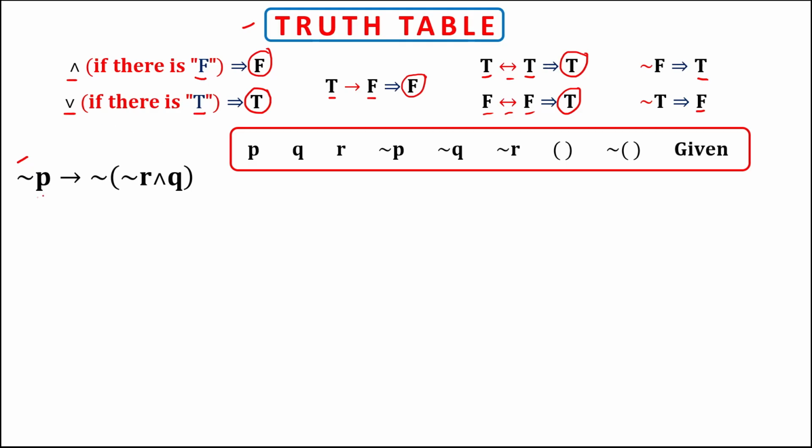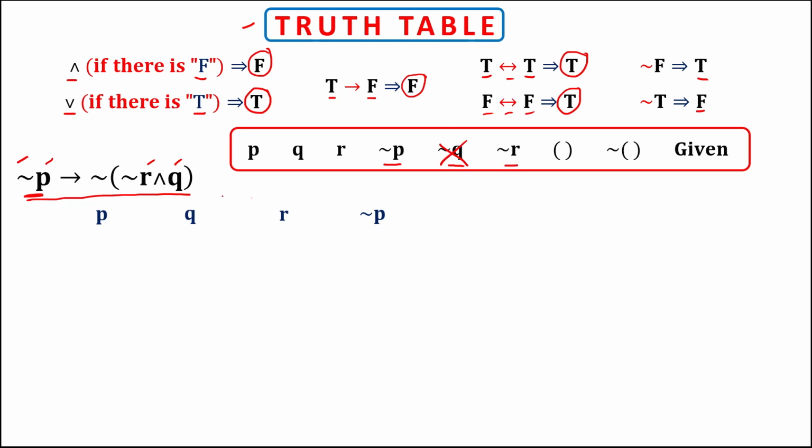So for this given, to construct a truth table, since there are three variables, P, Q, and R, we start the table with these three variables. Then the negation of P, since there is a negation of P, we need to include it. Then the negation of Q, since in the given there is no negation of Q, we need to exclude it.